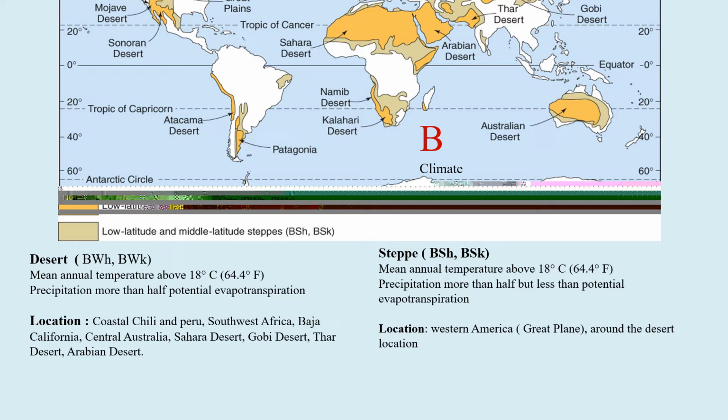So, the heart of the B climate continent is mostly the driest climate variety, and we find that it's the true desert, and that climate we call BW. So W is a German word that stands for the desert.